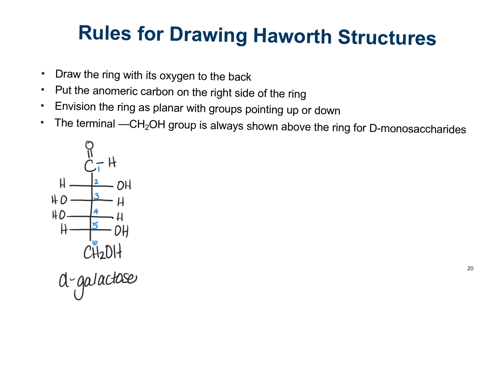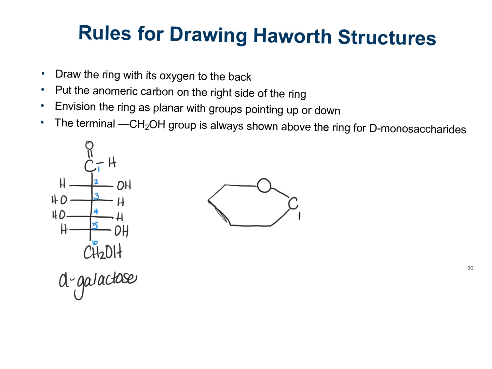Then when we go through to make our ring, the oxygen is on the back here, and that oxygen is attached to the number 1 carbon. And so that's that number 1 carbon there. And then what we do is we draw the rest of the structure like this.